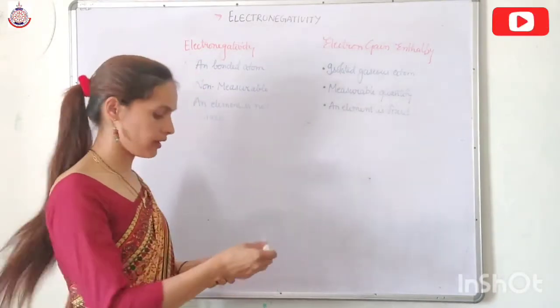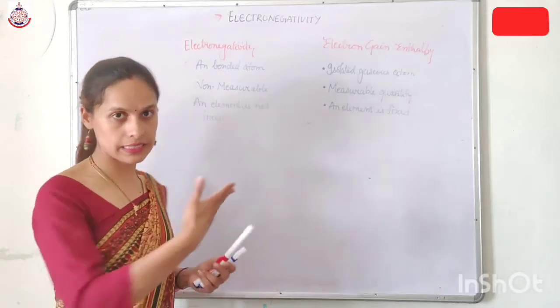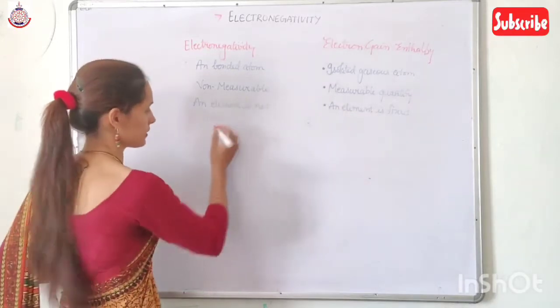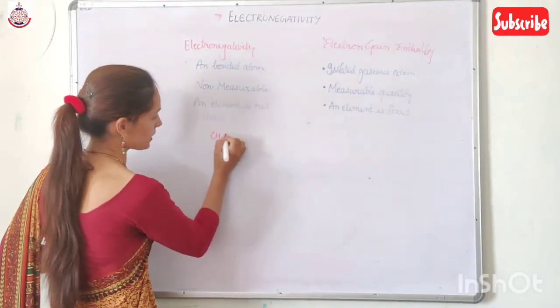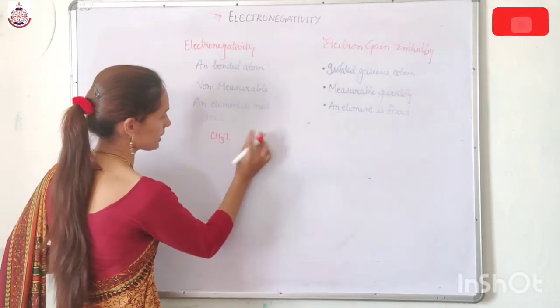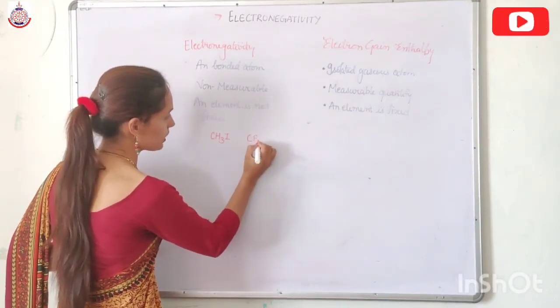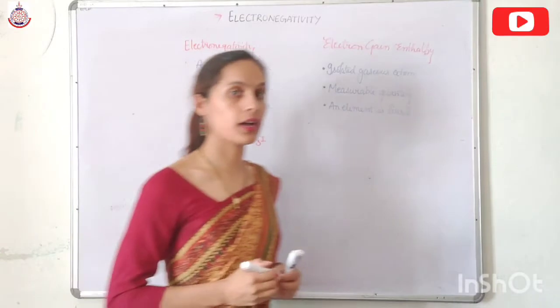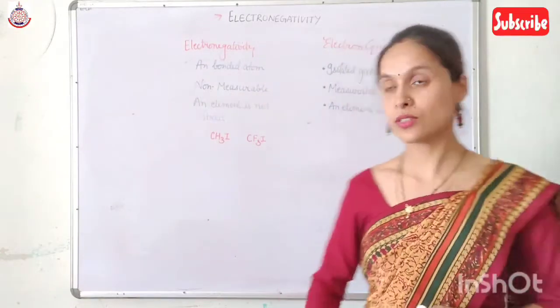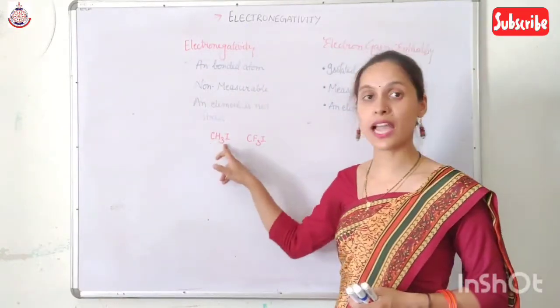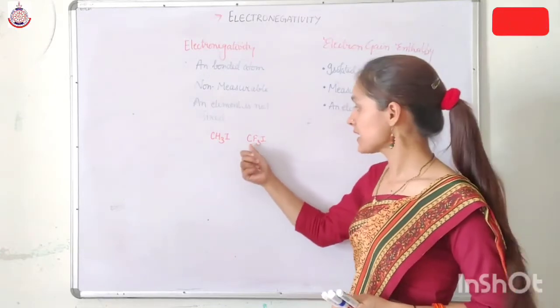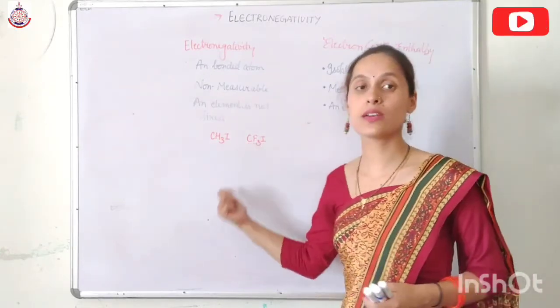Because in the above example we have studied that if we have CH3I and if we have CF3I, in both cases the electronegativity of carbon is different. Why? Because in the first case it is bonded with 3 hydrogens and 1 iodine. In the second case it is bonded with 3 fluorines and 1 iodine.